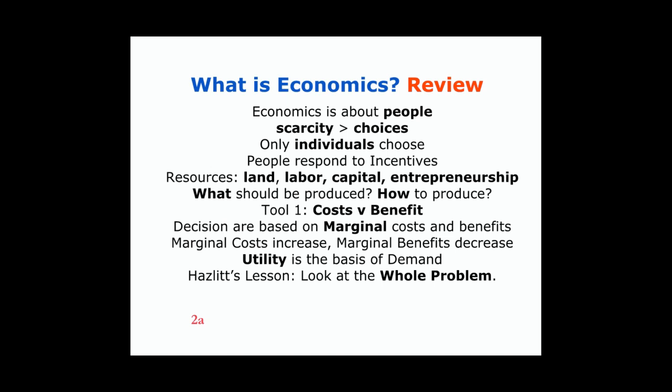And that's our goal, to remember that economics is about people. People live in a world with scarce resources, which forces them to make choices. And our goal is to try to study those individual choices that people make. And if we do that well, then we will take our first step towards thinking like an economist.